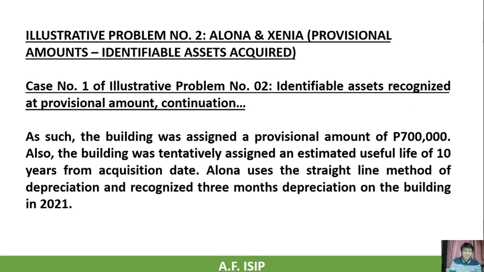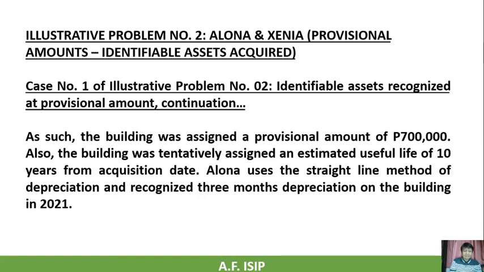So, she has to assign an amount of 700,000 to the building. As I have said a while ago, Alona cannot do it alone. The provisional amount was provided in consultation with the independent external auditor.